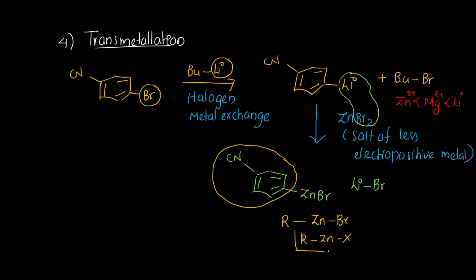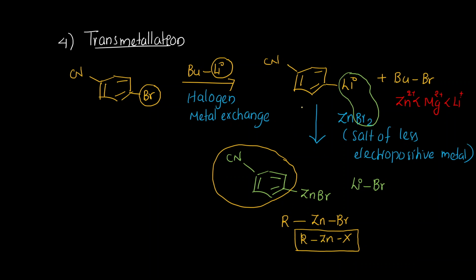Which is similar to the Grignard reagent, right? In the Grignard reagent, instead of the zinc, you have the magnesium, but here you have the zinc. So using an organometallic reagent, you can convert it into another organometallic reagent. This process is called transmetallation.